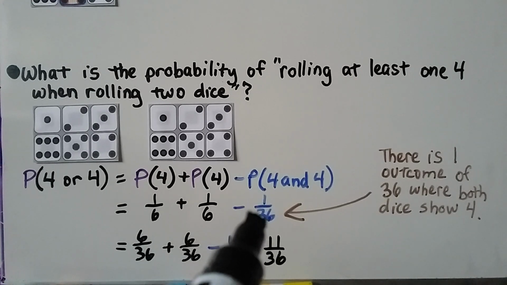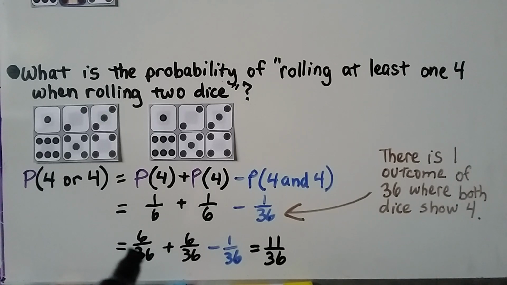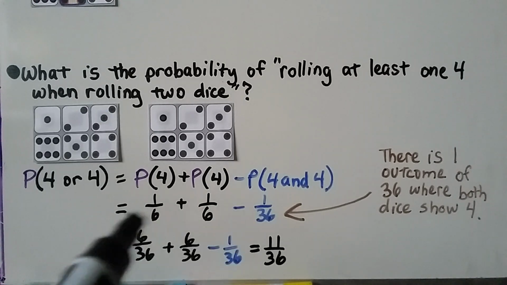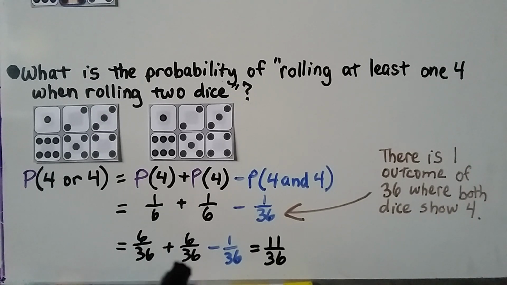That would be 1 out of 36, or 1/36, because there's one outcome of 36 where both dice would show a 4. So we do common denominators, right, to do the subtraction. So we can turn this into 6/36 and this into 6/36. And we subtract the 1/36 and we get 11/36. That would be the probability of rolling at least 1 four when rolling 2 dice.